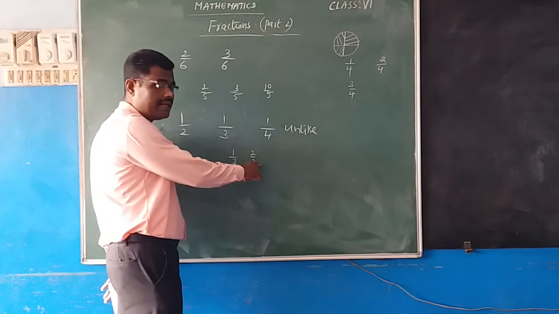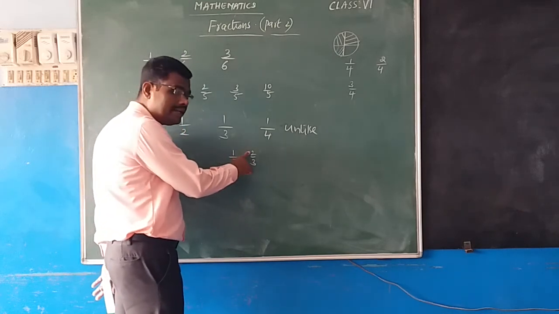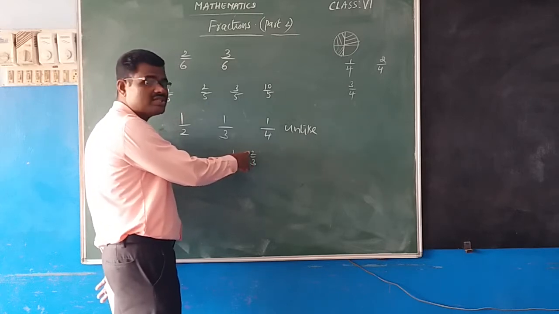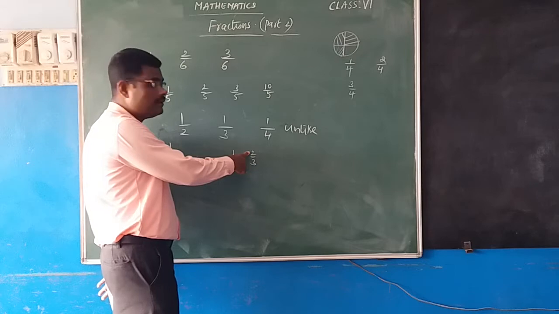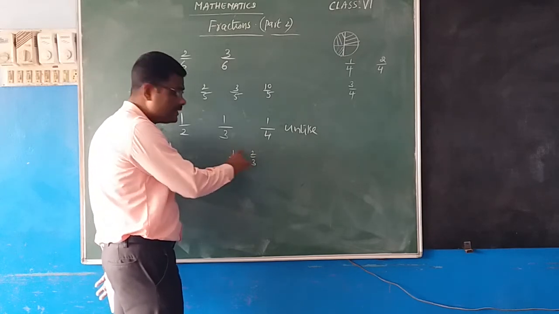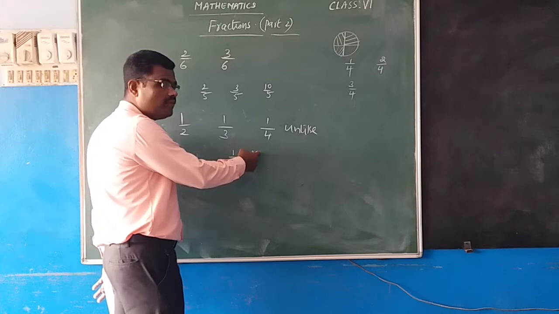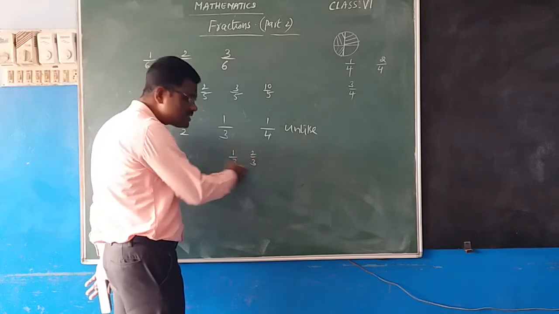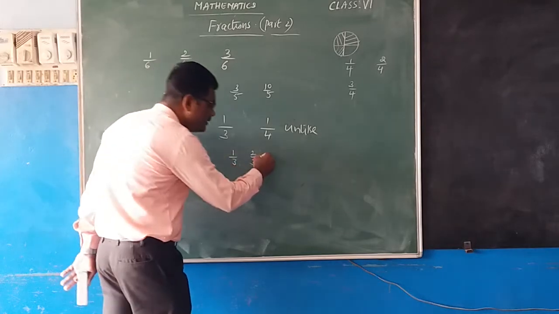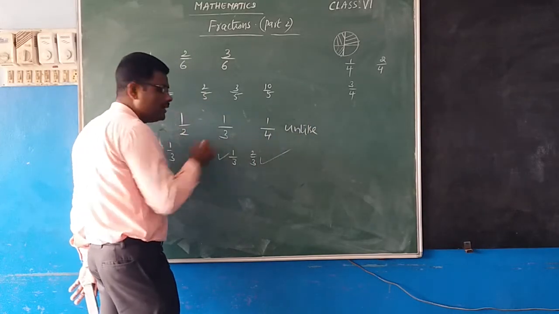How to find which is greater? If the denominator is same, they are like fractions. In this, if the numerator is greater, then the fraction is greater. If the numerator is smaller, then the fraction is smaller. This is greater, this is smaller.